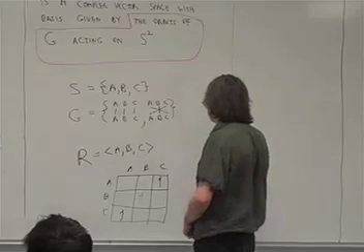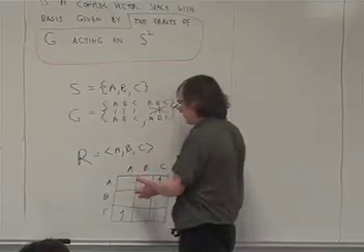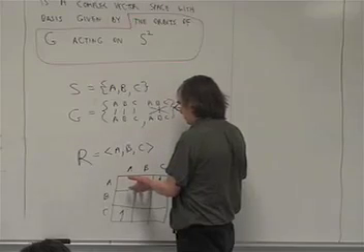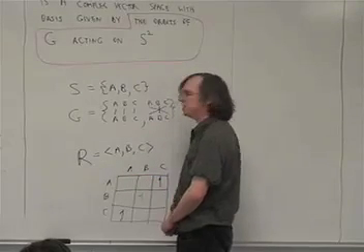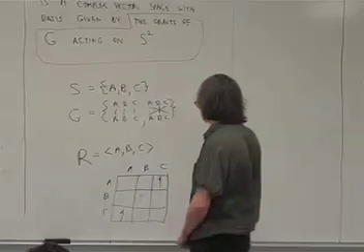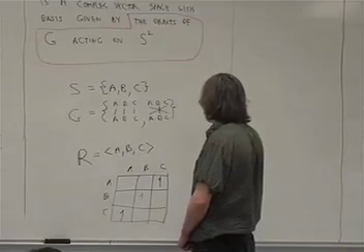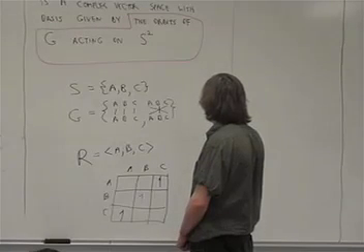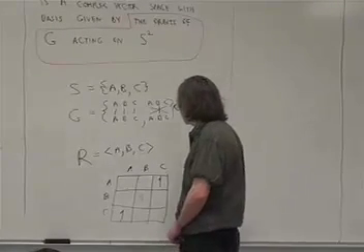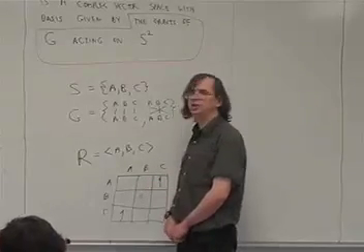So the question comes down to: what does it mean for a matrix to commute with this matrix? Can anybody come up with a concrete description of what it means for a matrix to commute with this matrix?